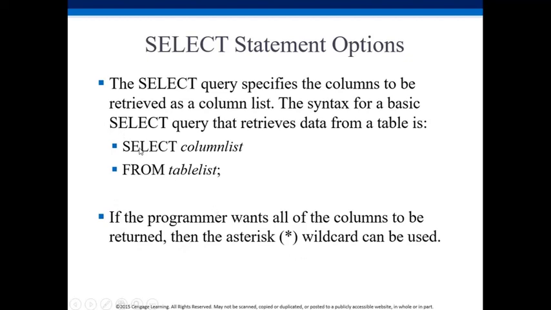So you type select asterisk, and you don't need to specify column names. The asterisk or wildcard can be used. A wildcard character is a symbol that can be used as a general substitute for other characters or commands. In this case, select asterisk means select all columns.